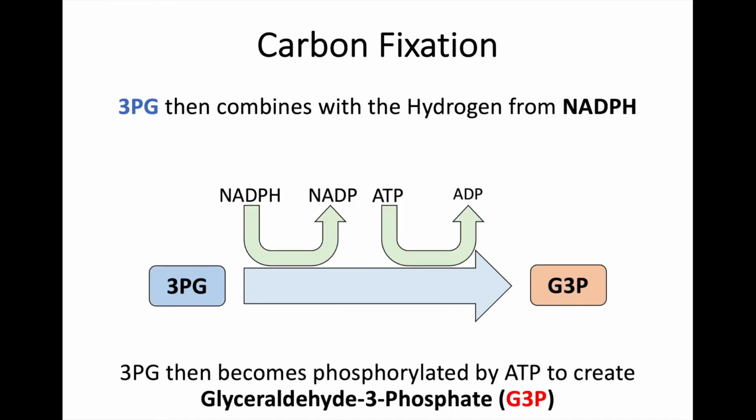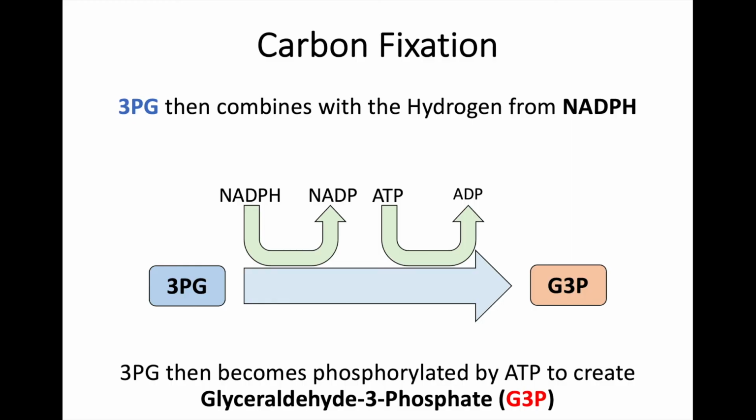So then we have this 3-PG, which is a really important intermediate molecule, and that is going to combine with some of our products from stage 1. So first of all, 3-PG gets a hydrogen, remember from the NADPH. So that comes across, it deposits a hydrogen which attaches and combines to 3-PG. However, we also had that ATP that was produced from the ATP synthase in stage 1. So this 3-PG, which now has a hydrogen as well, is going to become phosphorylated by ATP.